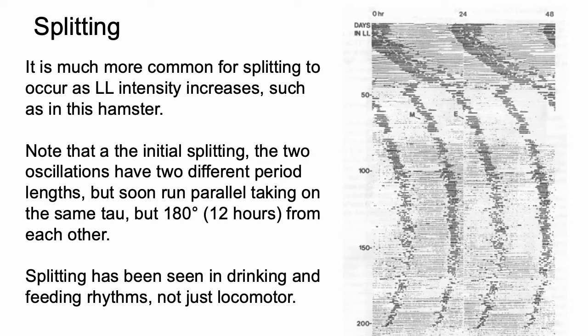Despite those first conditions in the tree shrew, that seems to be quite rare in terms of how the rhythm splits. Typically, we find that the rhythms split in response to high light intensity rather than a decrease in the intensity. And so this example here we see in a hamster, where we're seeing days exposed to light, and eventually, when exposed to light at a relatively high intensity, the rhythm will split.